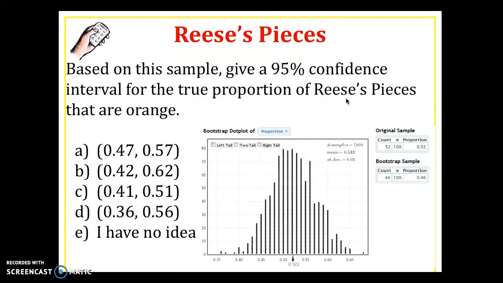All right, let's look at an example. We've got a sample below here. We're looking at the original sample. We had 100 Reese's Pieces, 52 of which were orange. And we want to generate a 95% confidence interval for the true proportion of orange Reese's Pieces from this data.